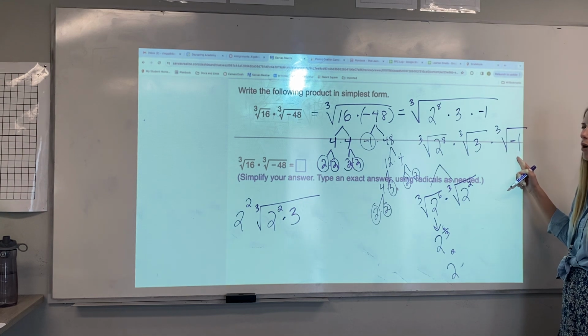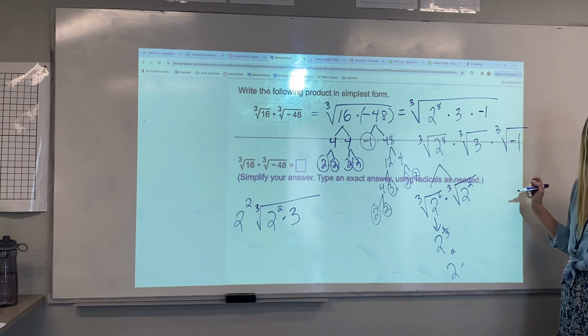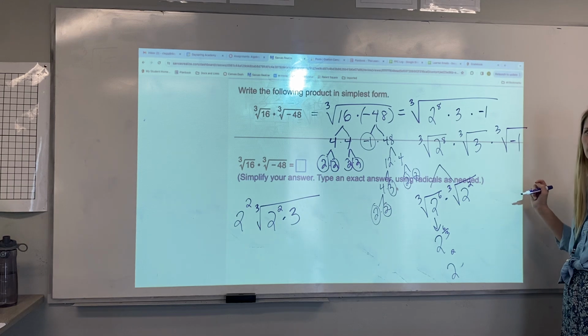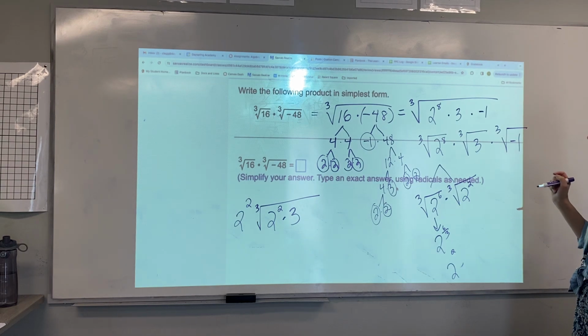Now, what number, when multiplied times itself 3 times, will give me -1? If I'm trying to find the cubed root of -1, what? 1 and -1.